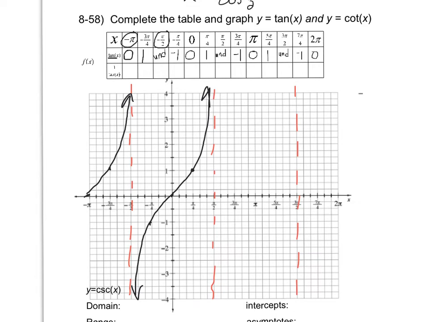And the next series of points, right through here, 3 pi over 4, negative 1, pi 0, 5 pi over 4, 1, another S curve, and plotting the last two, 7 pi over 4, negative 1, 2 pi 0. There's our tangent graph.